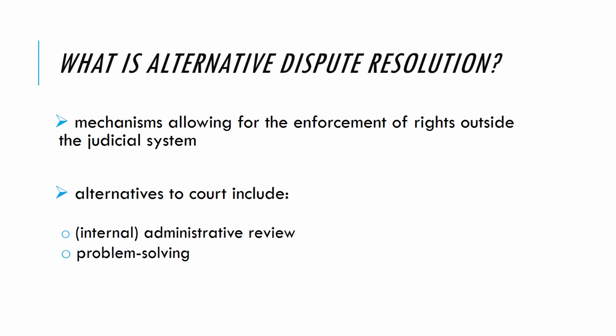ADR processes also cover problem-solving bodies such as conciliation in employment cases. Alternatives to court also include mediation, which seeks to bring parties together to find a compromise. Finally, many countries now have ombudspersons with the mandate to take action against malpractice committed by national administrative authorities.